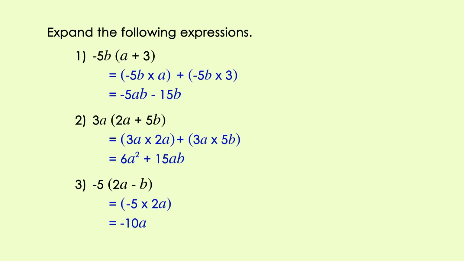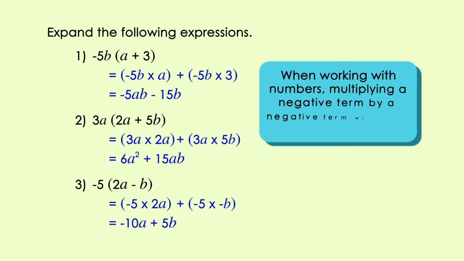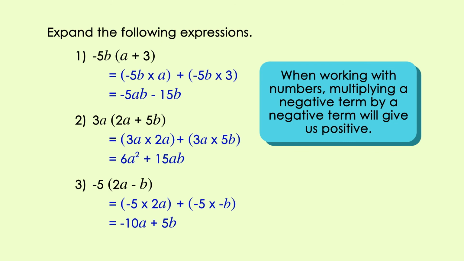And our next term is negative 5 times negative b is equal to positive 5b. So our answer is negative 10a plus 5b. Notice that just like when working with numbers, multiplying a negative term by a negative term will give us positive.